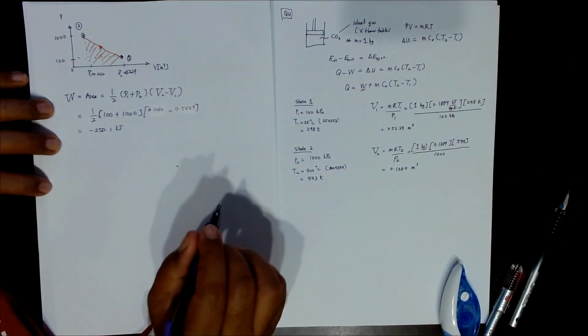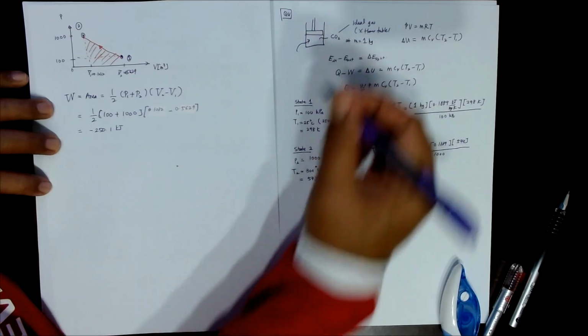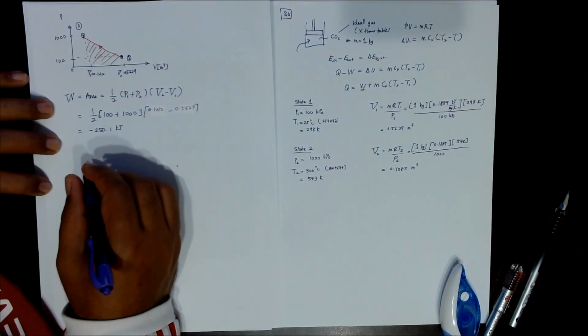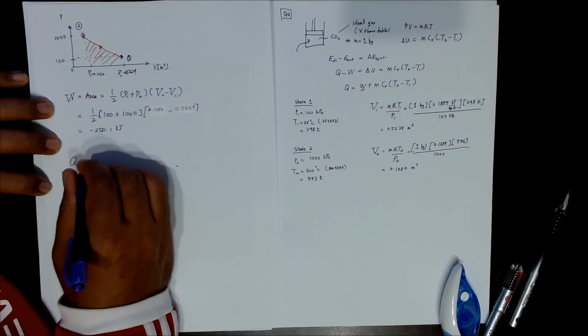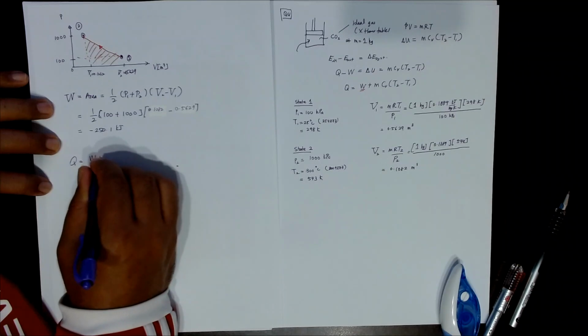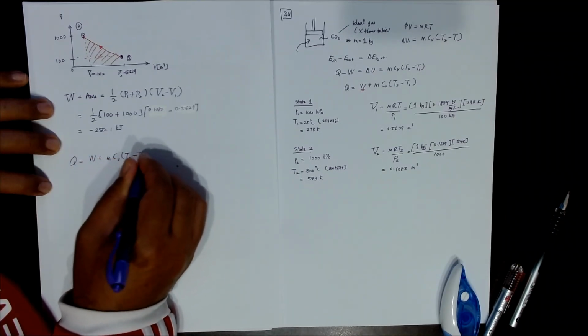The question asks to calculate the heat transfer. So for part A, Q equals W plus m Cv (T2 minus T1).